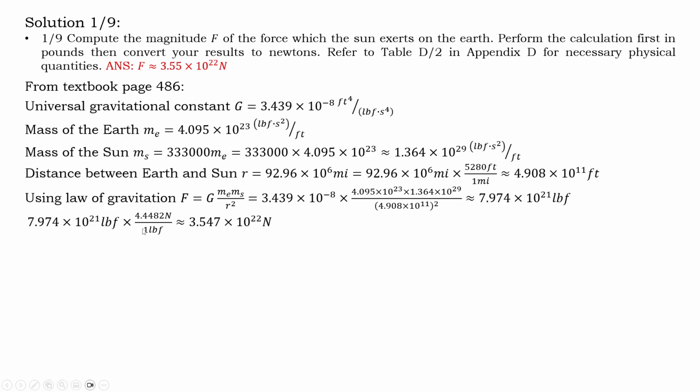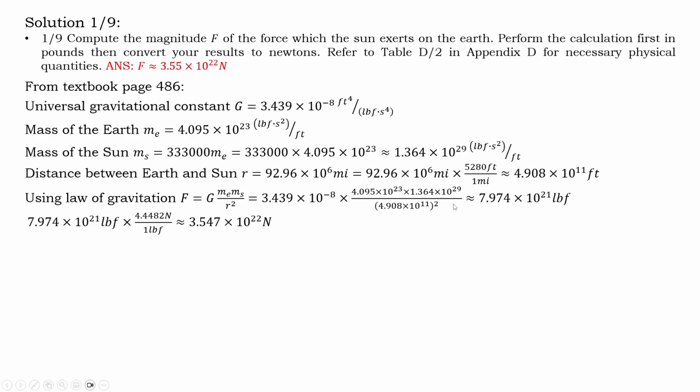Then we use the law of gravitation, which is F equal to G times m1 m2 over r squared. r is the distance between the sun and the earth, m1 and m2 are the mass of the sun and the mass of the earth, and G is a constant.